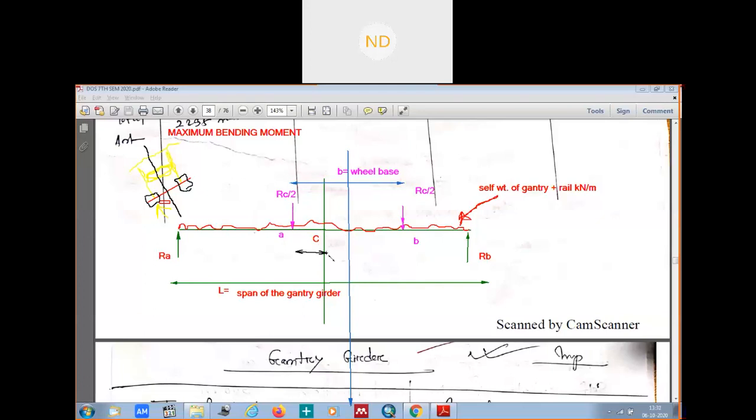That means this distance from here to here and this distance from here to here are equal.